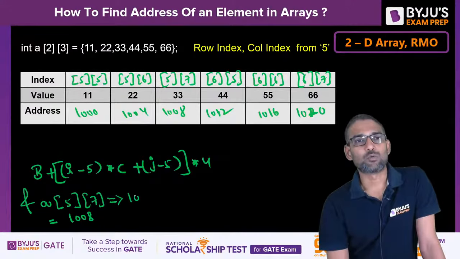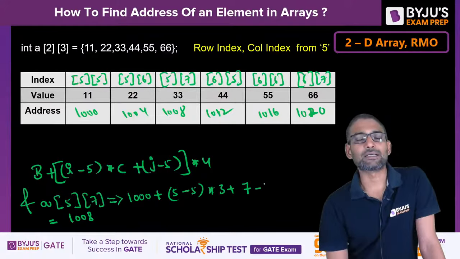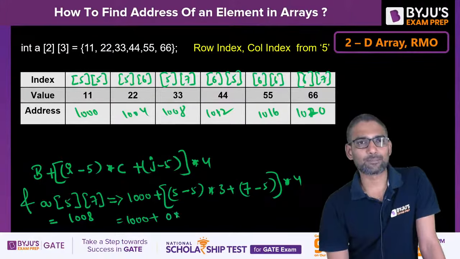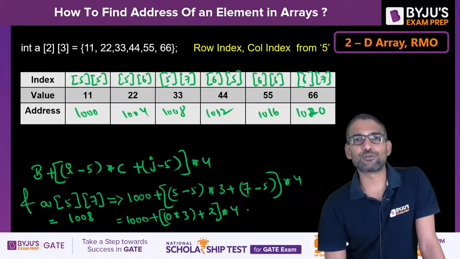This is 1000 plus I, which is 5 minus 5, whole multiplied by 3 plus J, which is 7 minus 5, whole multiplied by 4. This is 1000 plus 0 multiplied by 3 plus 7 minus 5 is 2, whole multiplied by 4. 2 into 4 is 8.